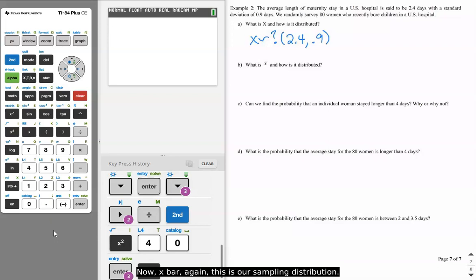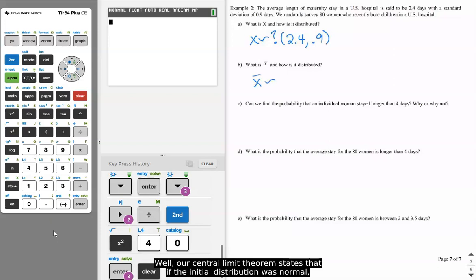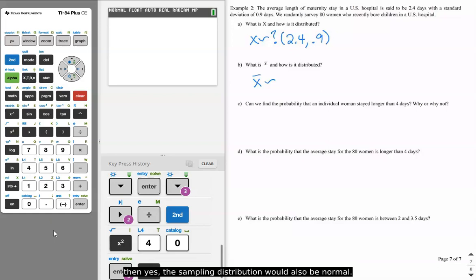Now, X bar, right? So again, this is our sampling distribution. Is it normally distributed? Well, our central limit theorem states that if the initial distribution was normal, then yes, the sampling distribution would also be normal. But this isn't the case because we don't know if the population was normal.